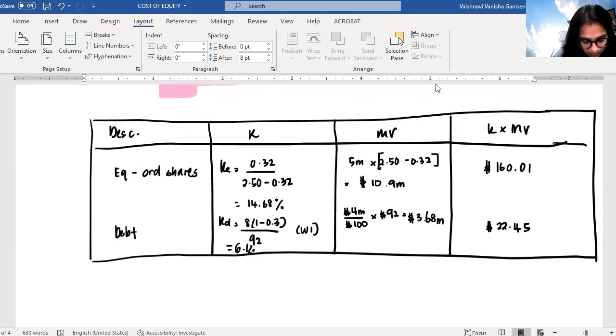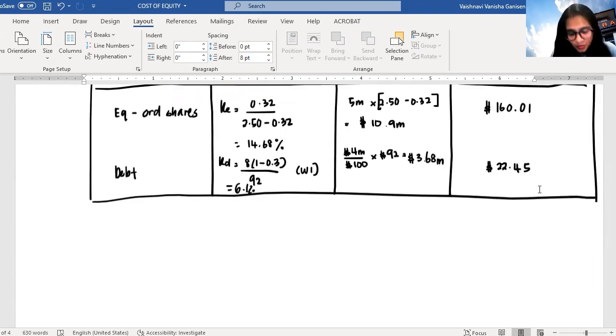So guys, total up this 22.45 plus 160.01. You get 182, oh sorry, 182.46. You total this up, you should get 10.9 plus 3.68, which is 14.58.